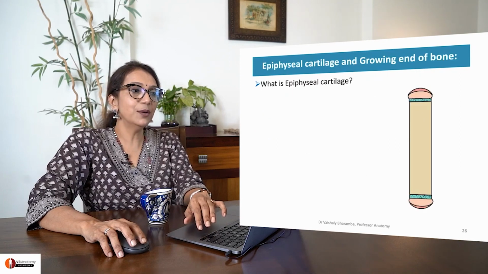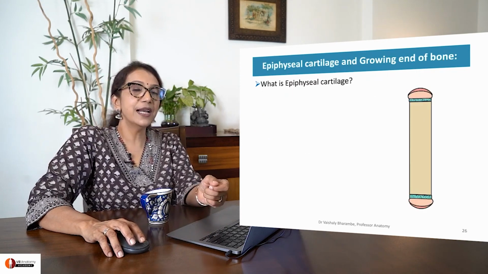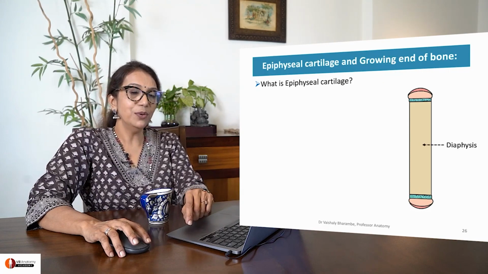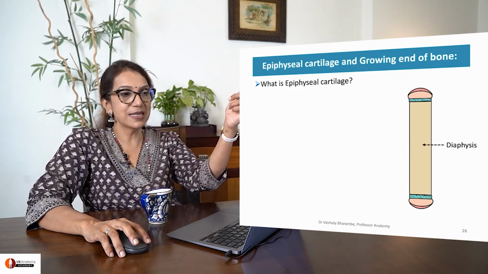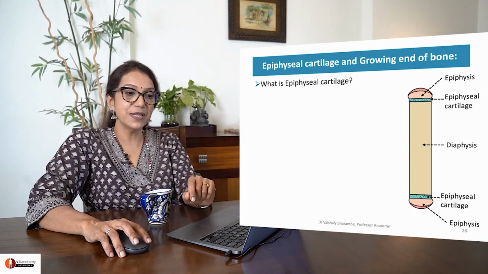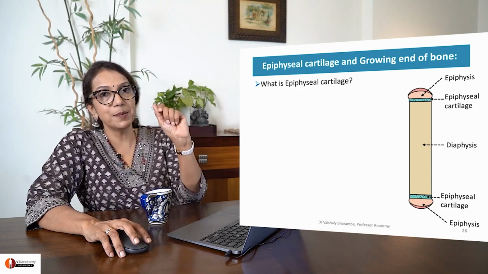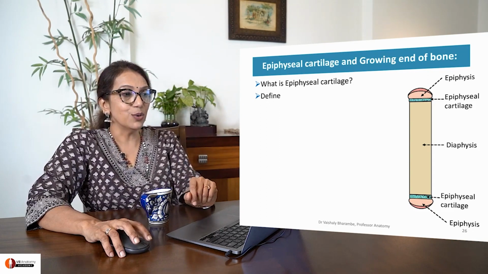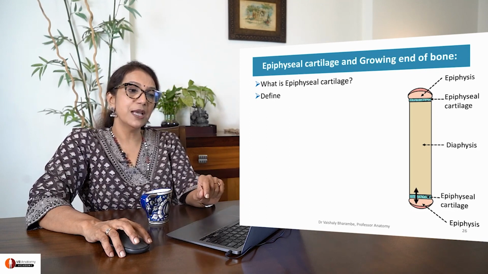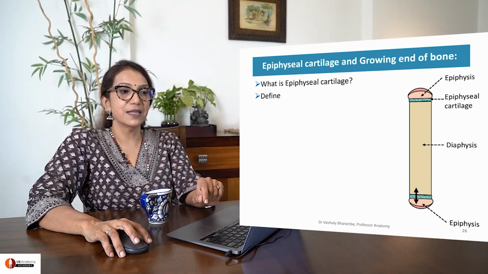Let's take it further now. What is epiphyseal cartilage? What is the growing end of bone? I've told you that when there is diaphysis and there is epiphysis, the cartilage in between is called epiphyseal cartilage. You can see that in the image here, isn't it? So, epiphyseal cartilage is the cartilage between epiphysis and diaphysis.